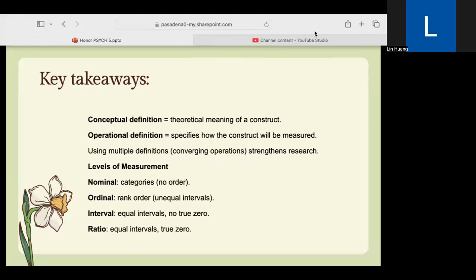Next is the ordinal level, that is rank order, but with unequal intervals. And next is the interval level, that is equal intervals but without a true zero. And lastly the ratio level, that is equal intervals with a true zero.